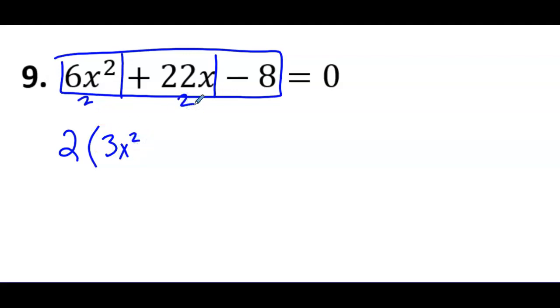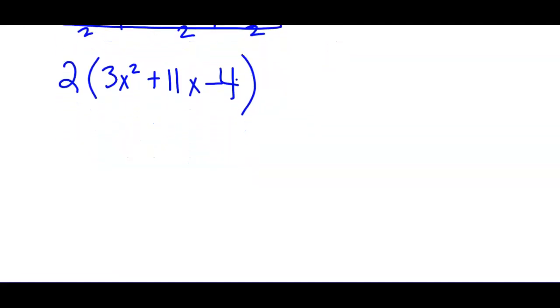Divide this by 2, that's 11x. Divide this by 2 will give me -4, right? So now you're going to do your box for this and your diamond, okay? So then you've got to figure out what that's going to be, okay?